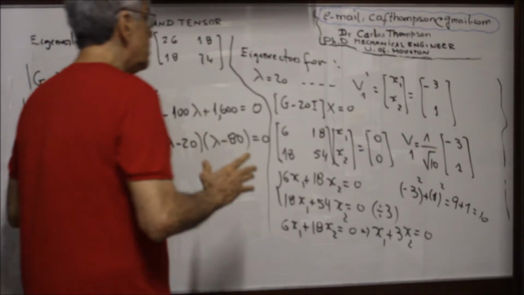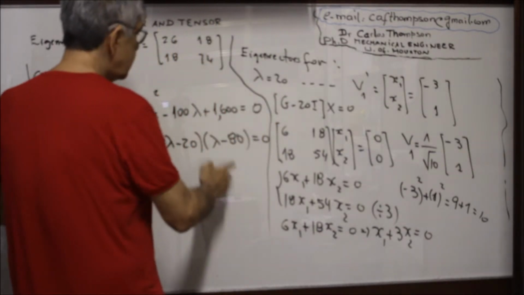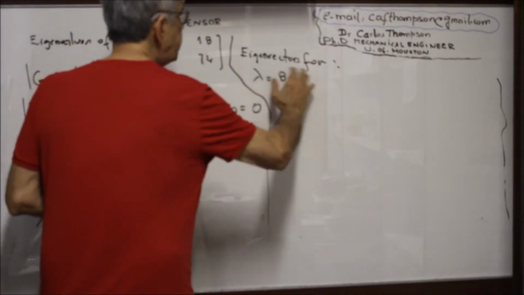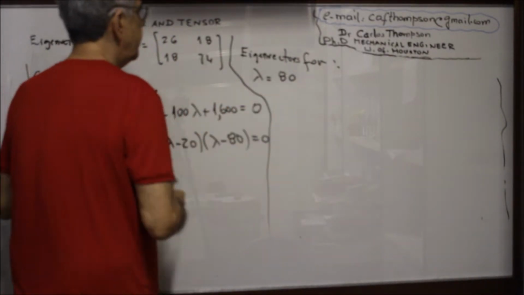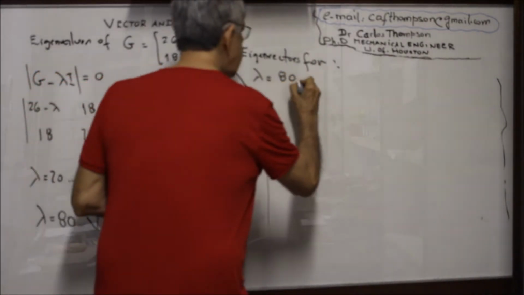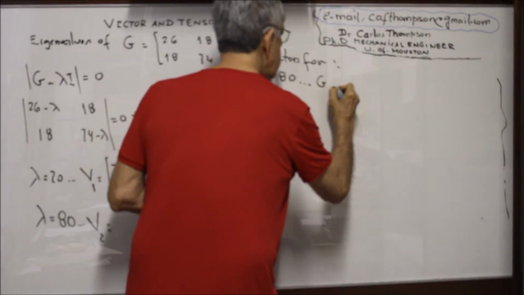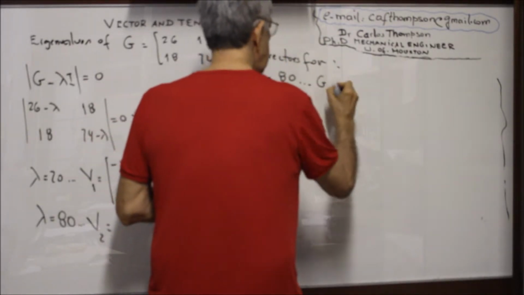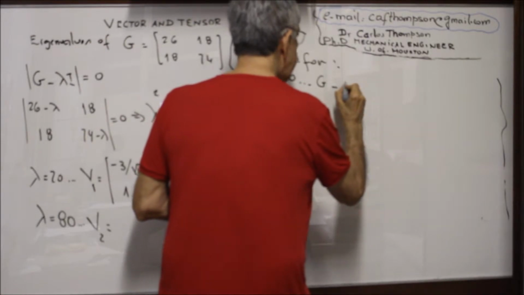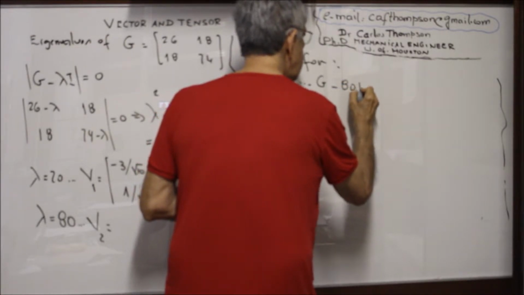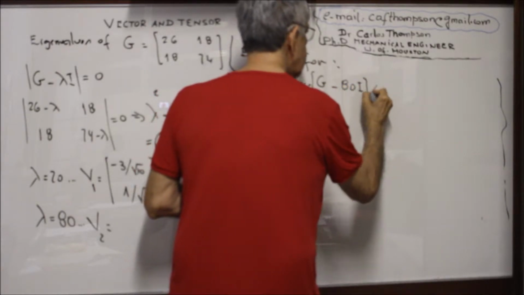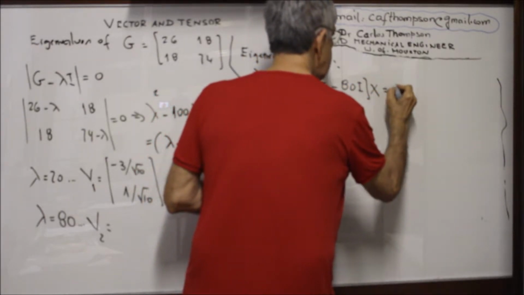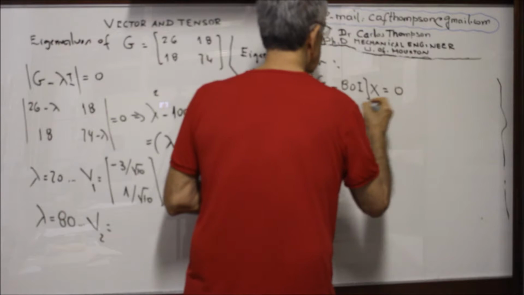Now let's do the same for lambda equal to 80. So the eigenvector for lambda equal to 80. Now in this case, G minus lambda I, that is G minus 80 I, times vector x is equal to vector 0.